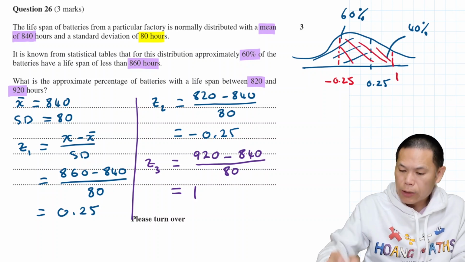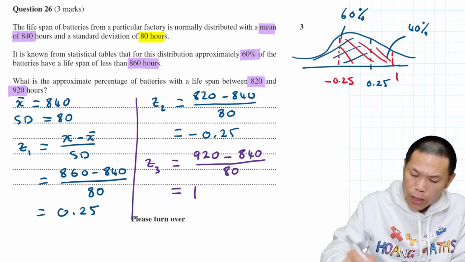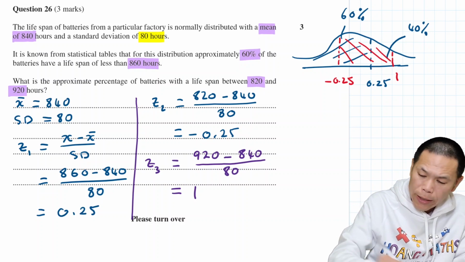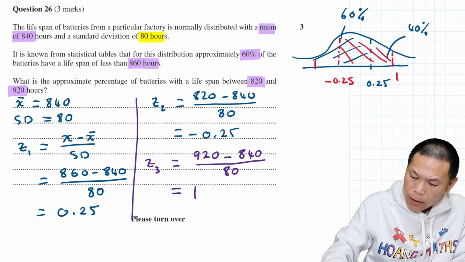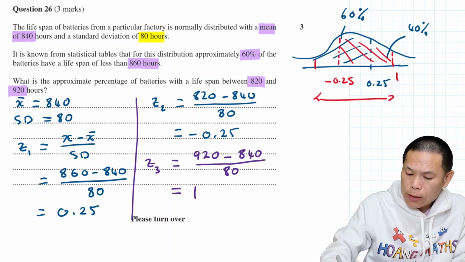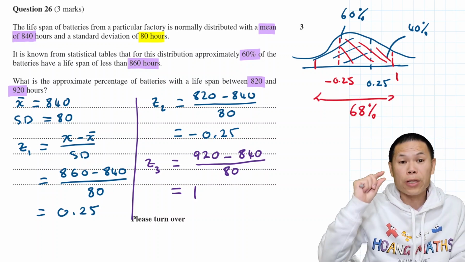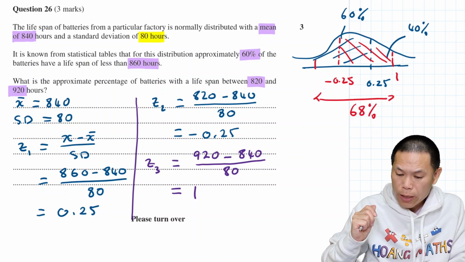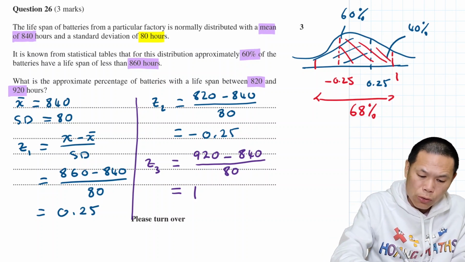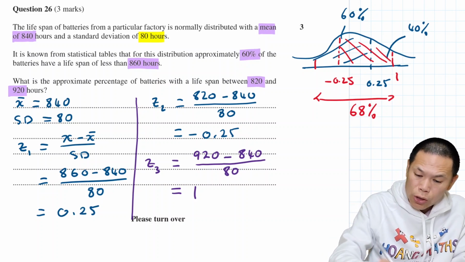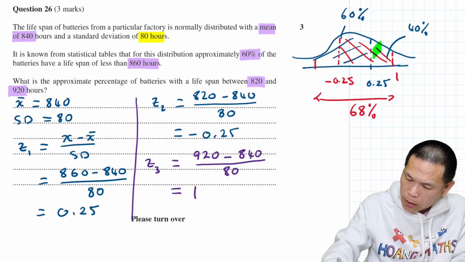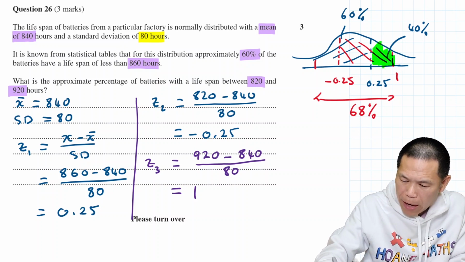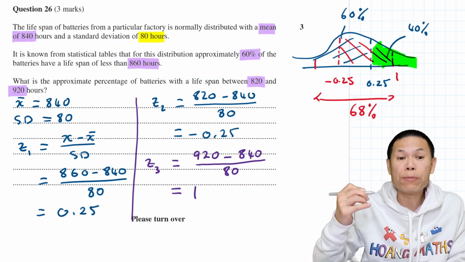So this means that between this and 1 here, okay, so we need to find this answer. So first of all, to work this out, we know that from negative 1 to 1, keep that in mind, is 68% from the data sets, okay? So keep that in mind. So then what we need to do is, let me just work out this first. So we know that this part here is 40%.